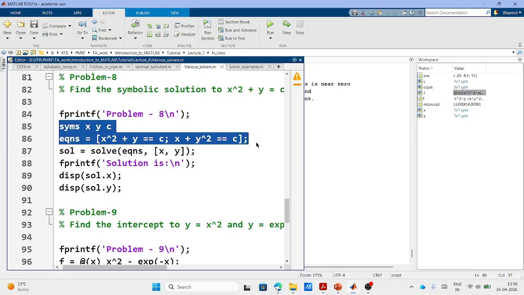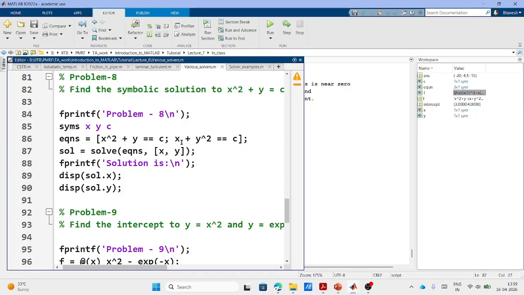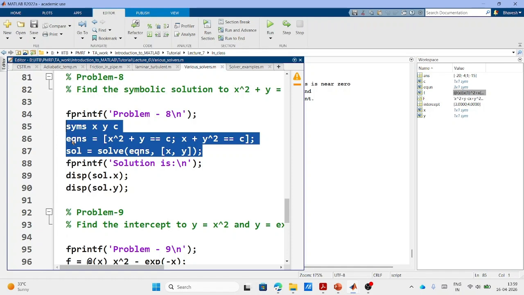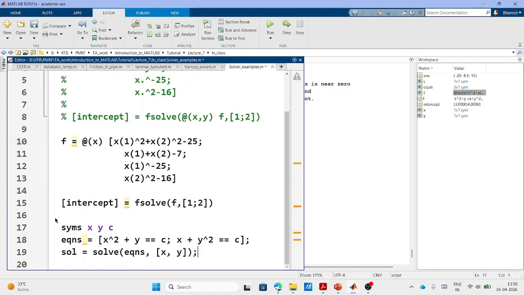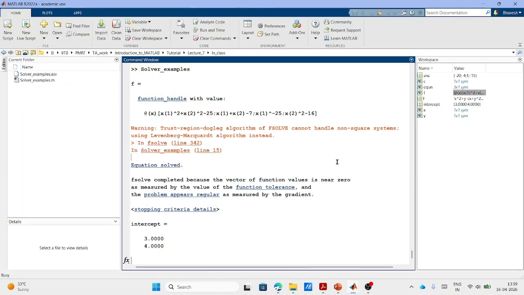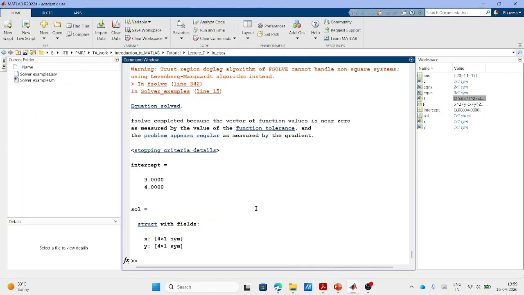So we define symbols x, y, and c, write our equations in terms of x, y, and c, and then call the solver. If I run it, you will get your solution in terms of this solve structure.